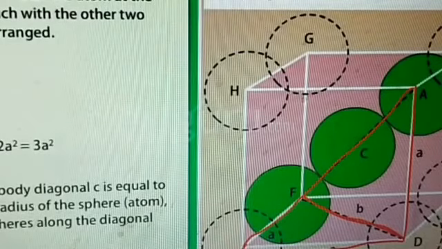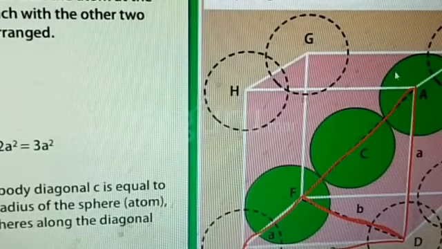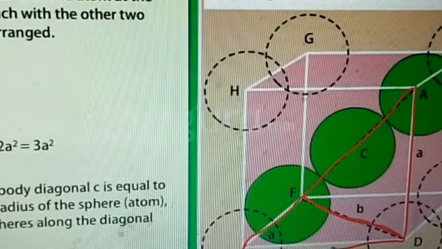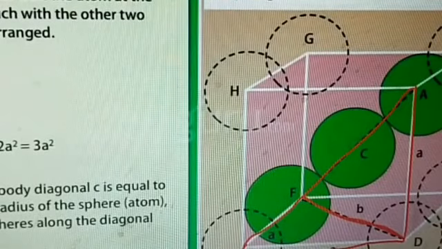The length of the body diagonal C is equal to 4R, where R is the radius of the sphere. The three spheres along the diagonal touch each other.